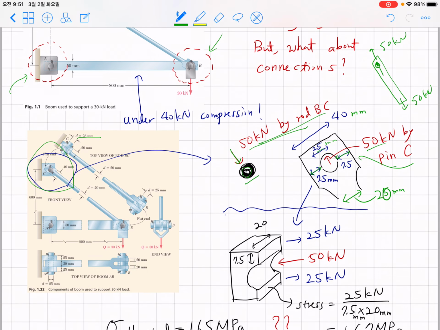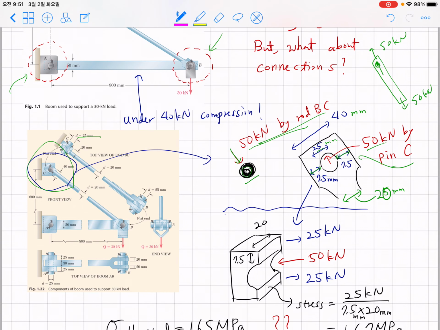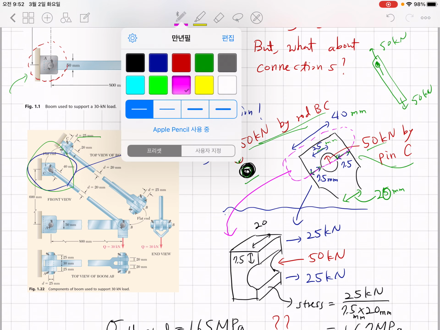Now let's try to draw the free body diagram around this point. Let's take this imaginary cord and magnify it here.